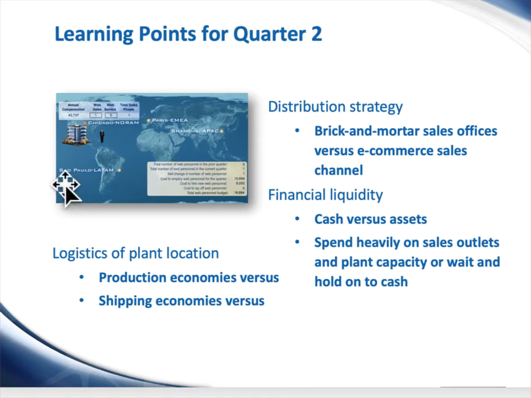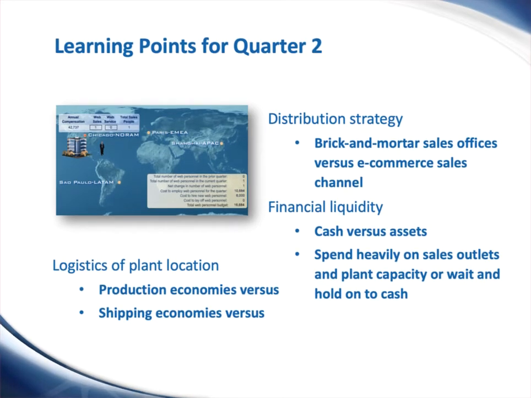Make sure you have absolutely eagle eyes on your financial liquidity, making sure that your financial assets are well taken care of, as well as make sure that your logistics for your plant location have not only good production economies, but also logistical shipping economies for the markets that you want to go to.